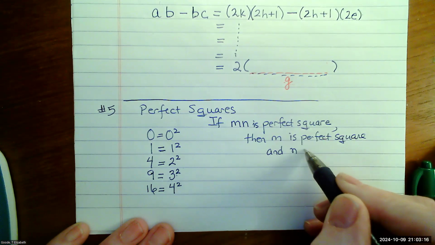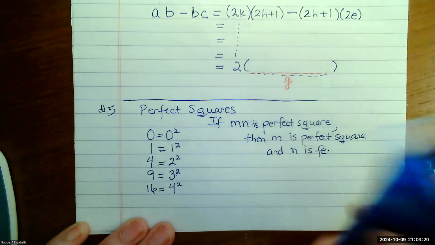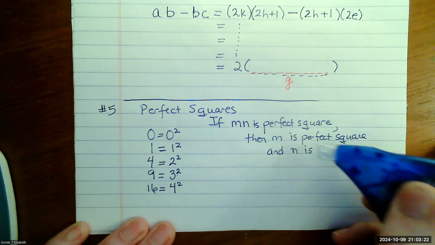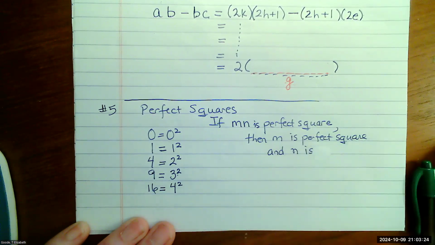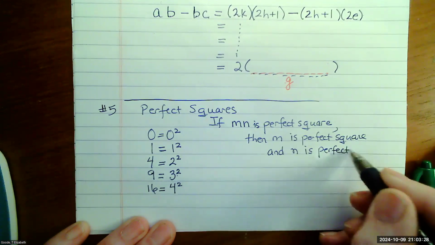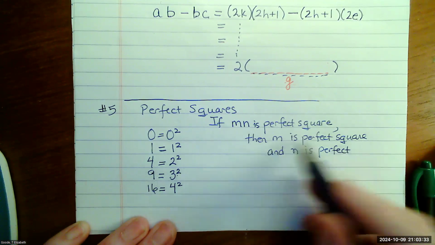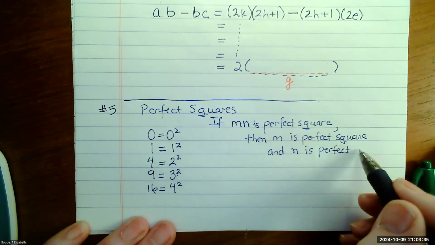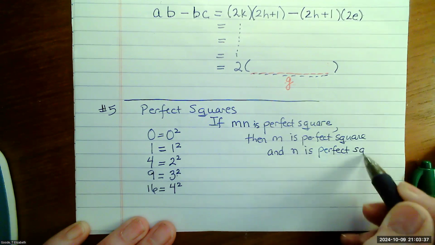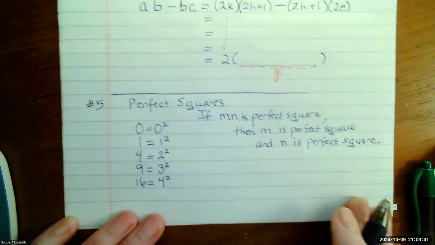The conclusion is a compound conclusion. It's an and statement. So we're going to look at some examples and see if it's true that every time we find an m times an n that's a perfect square, does it follow that both m is a perfect square and n is a perfect square? That's what we're trying to figure out, right?